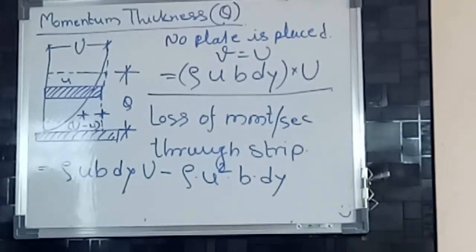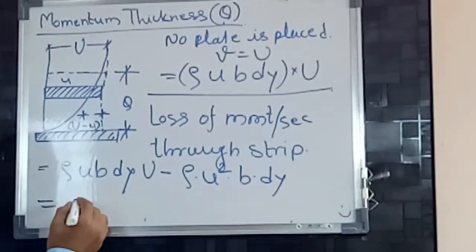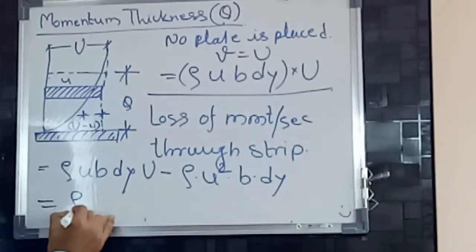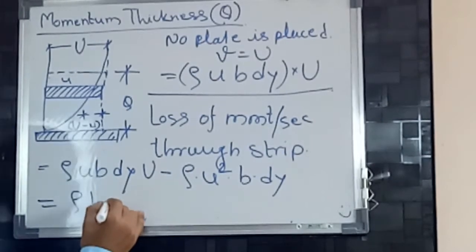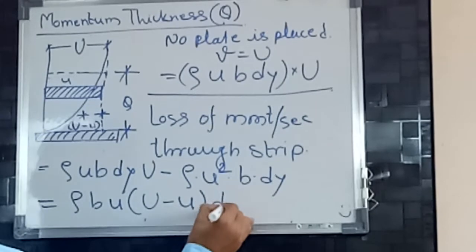So now see, the total loss of momentum, what will come? This is the total loss. So ultimately rho b u into U minus u into dy.